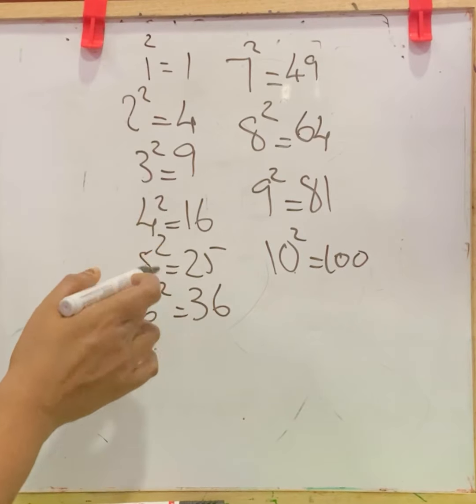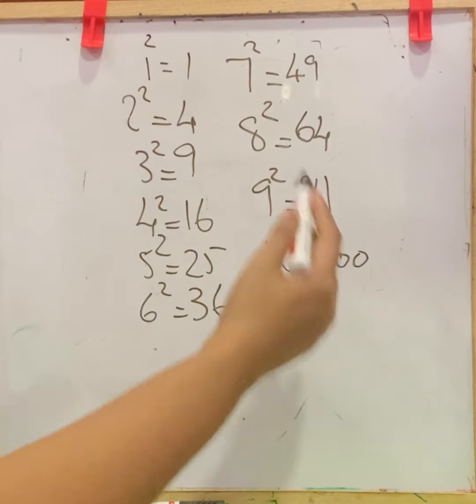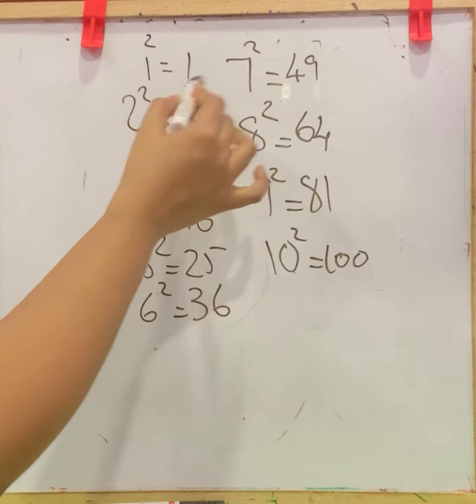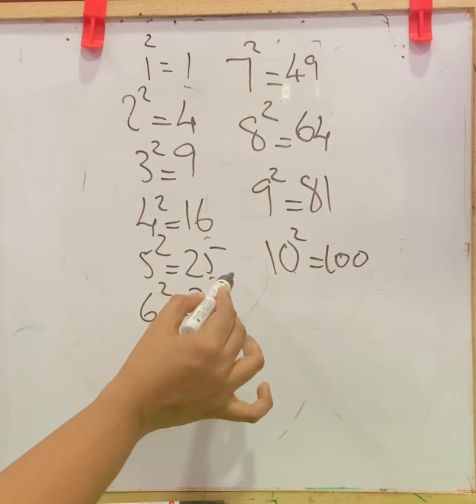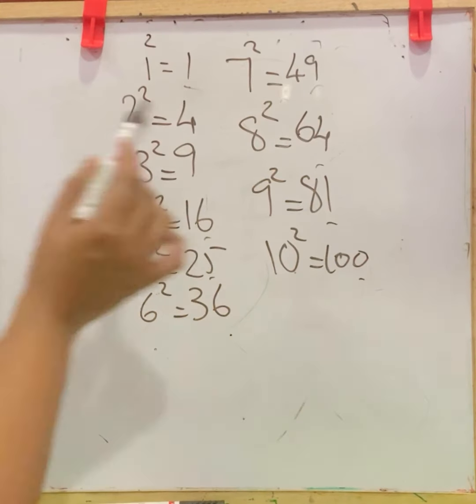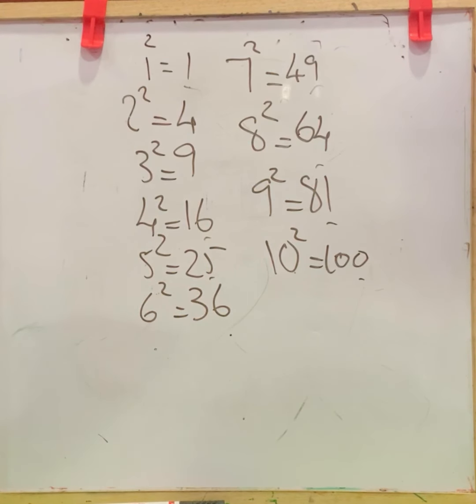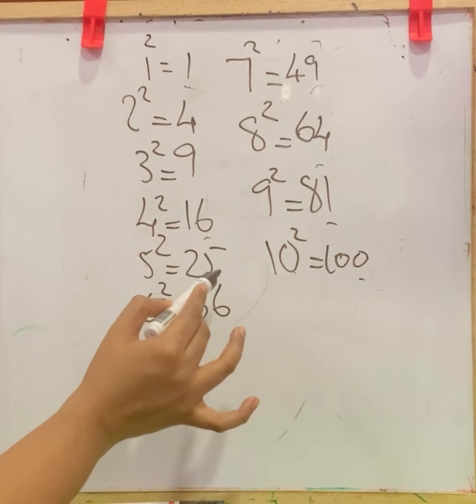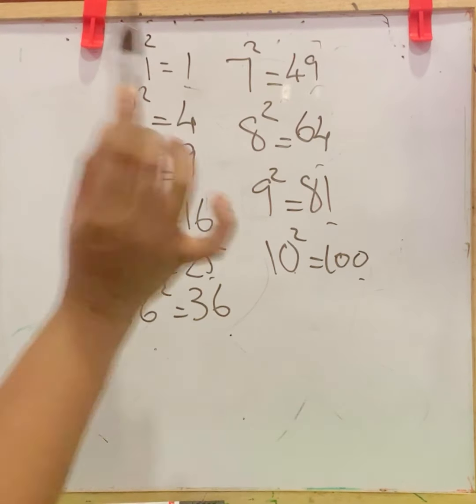So always, the result will be ending with these numbers 1, 4, 9, 6, 5, 6, 9, 4, 1, 0. These are the possible units places in a square number. Always a square number will end with either 1, 4, 9, 6, 5 or 0.